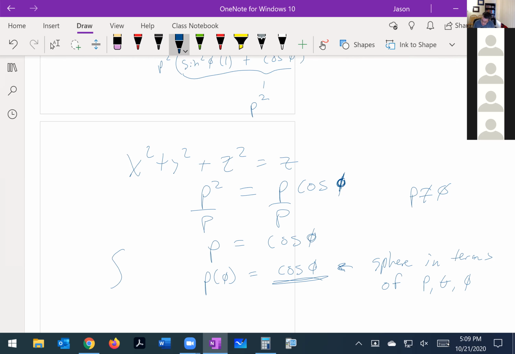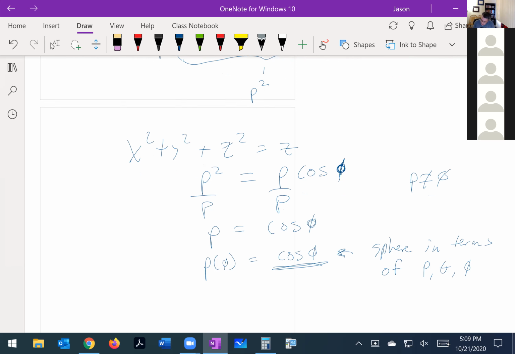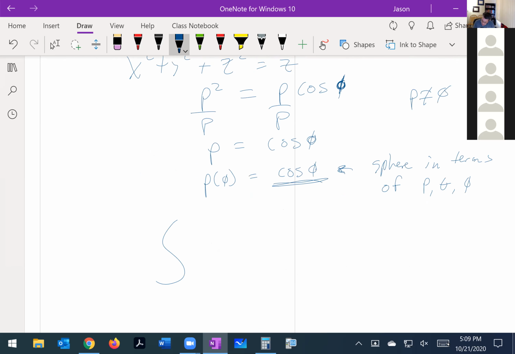So going back to my limits of integration, I'm gonna go from 0 to cosine of phi, rho squared sine phi d rho d theta d phi, when theta went from 0 to 2 pi, and phi went from 0 to pi over 4. Boom, now we can integrate.